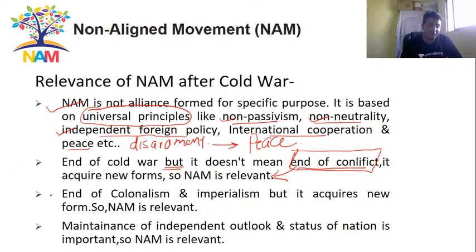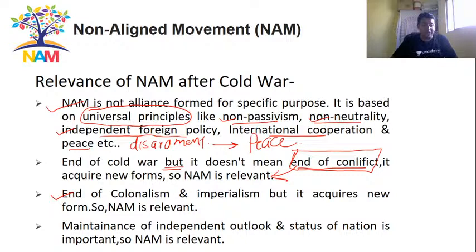Next important thing, end of colonialism and imperialism. Yes, of course. I don't think you will find any colonies visible anywhere. But do you really think it is the end of exploitation? Is it the end of exploitation from all sides?